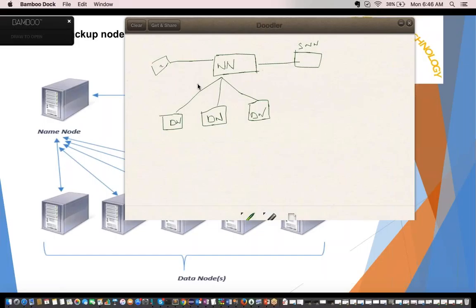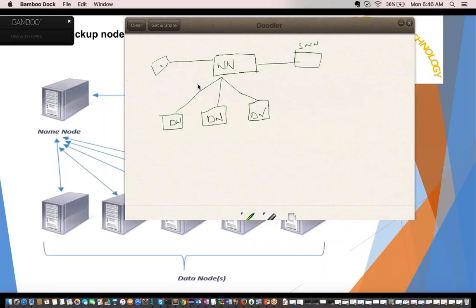Okay. So periodically, or on an hourly basis, it will start checkpointing. One is on an hourly basis. Second is the number of transactions, right?